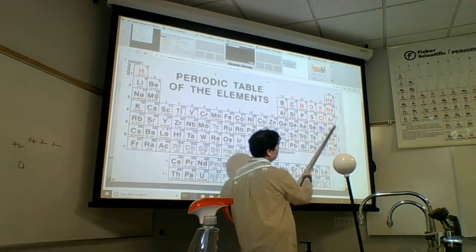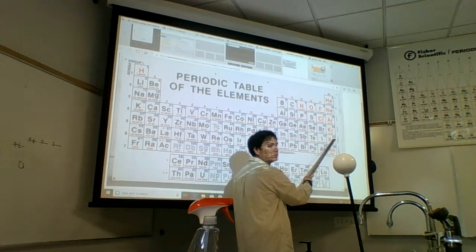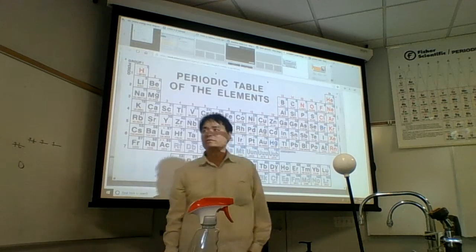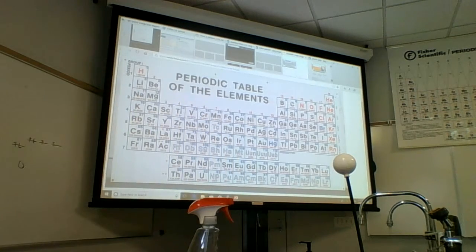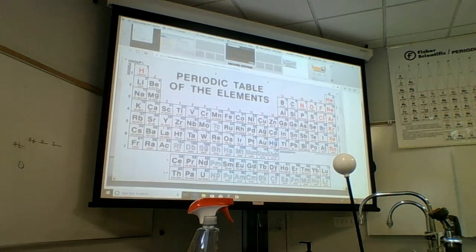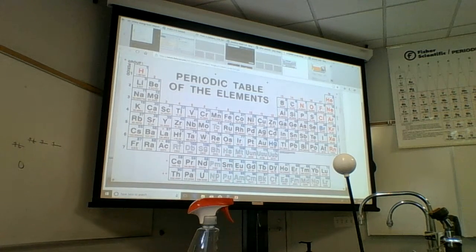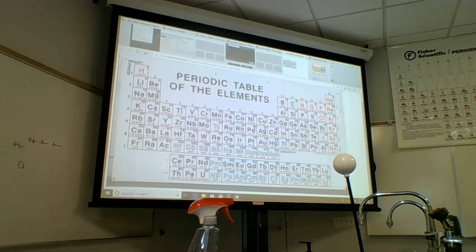That's 54 electrons, so only 6 more electrons to go. We could just say xenon, which takes care of 54 electrons. I only have 6 electrons left over. That should be easy, right?